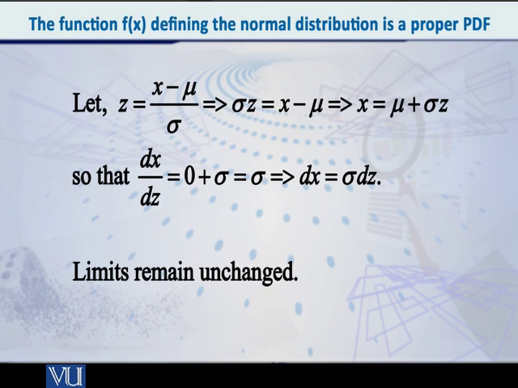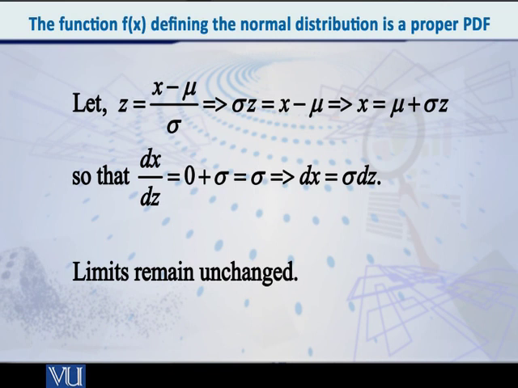Now, if this is our transformation, this implies that sigma z is equal to x minus mu, and that further implies that x is equal to mu plus sigma z. अब अगर हम derivative लें dx by dz, what do we get?